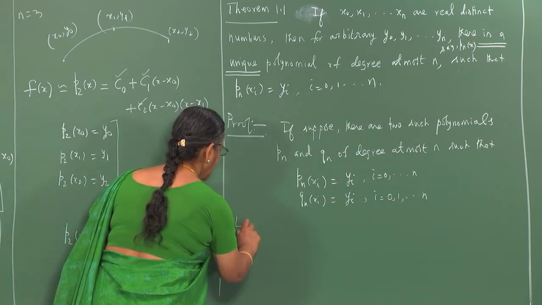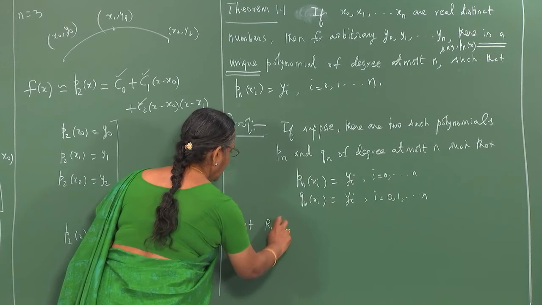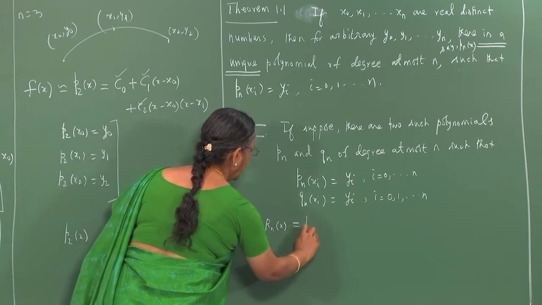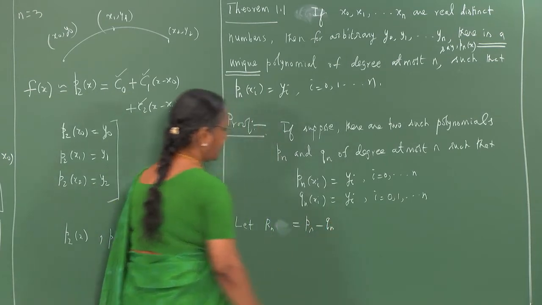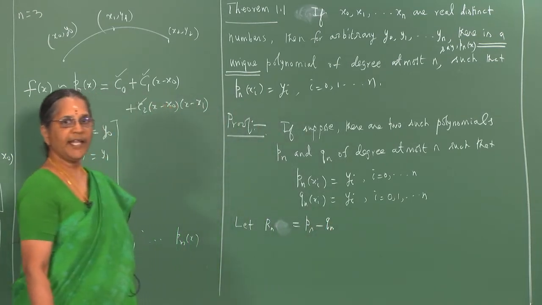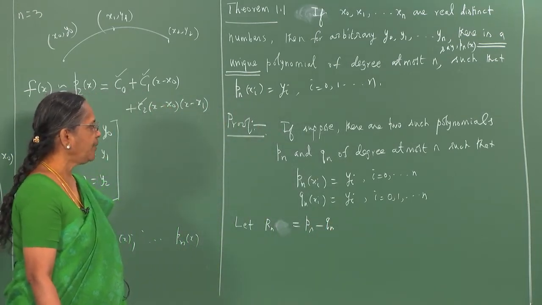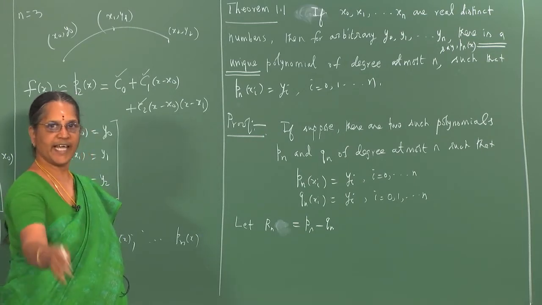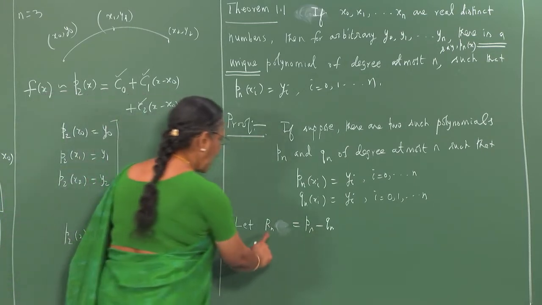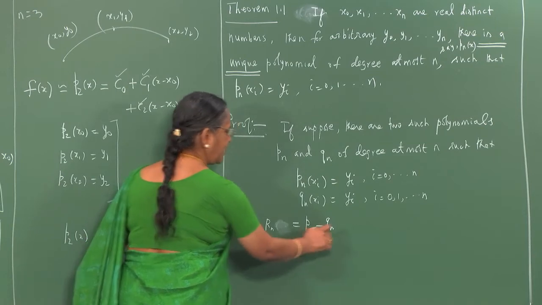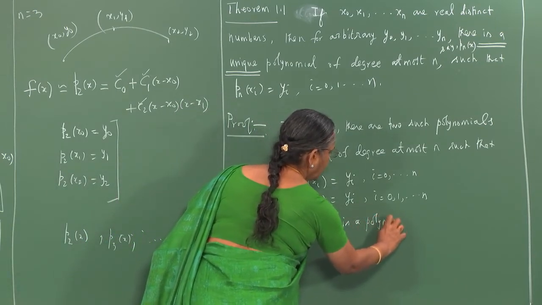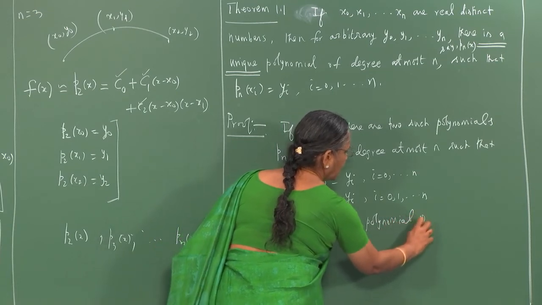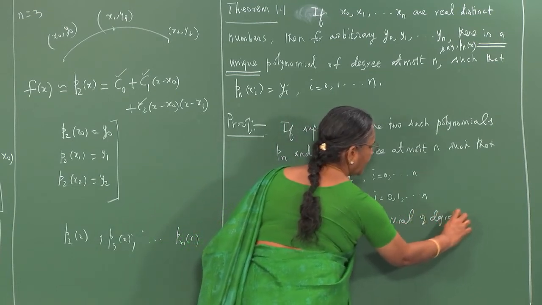So, let us call Pn minus Qn by Rn. So, Pn and Qn are polynomials of degree at most n, and so Rn, which is the difference between these two polynomials, is a polynomial of degree at most n.